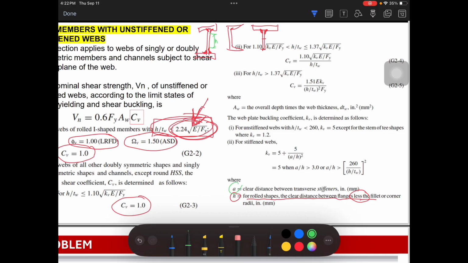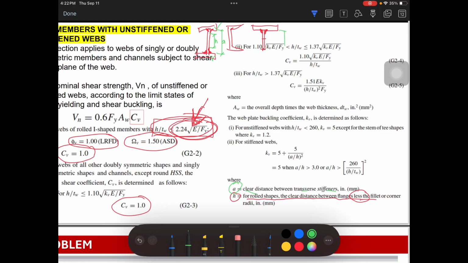And then, what is your A? It is yung distance, clear distance between the transverse stiffeners. So, yung transverse stiffeners for W shape are yung dalawang flanges. So, yung clear distance is ito. Yung depth minus yung dalawang flanges lang. So, this is your A. So, for WT, the same lang din yun.